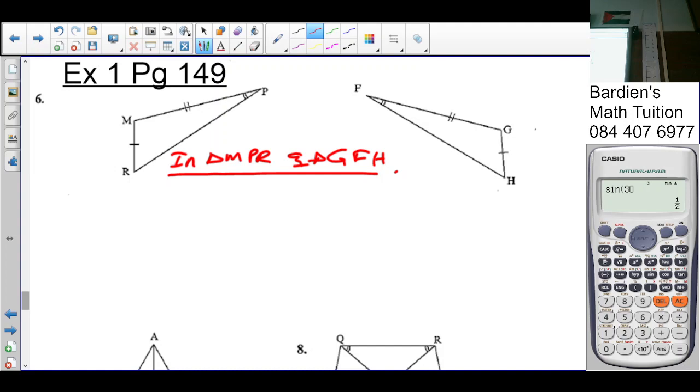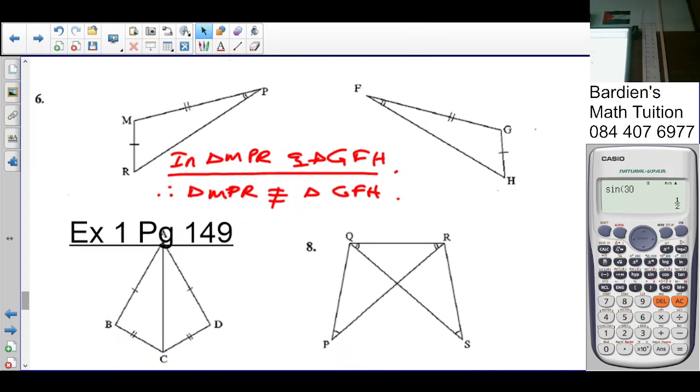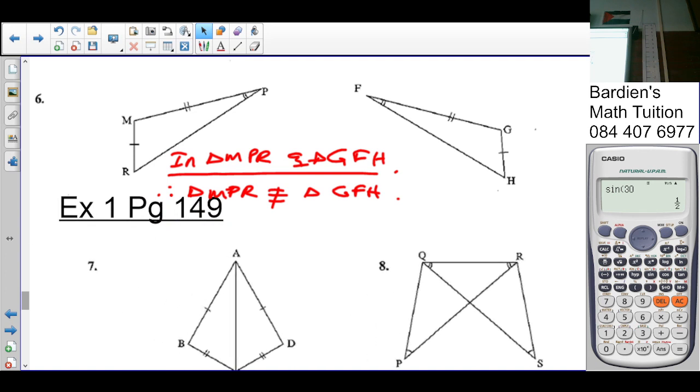No. So therefore triangle MPR is not congruent to triangle GFH. And your reason there is not enough information given. Okay. Or you can say we need to know the included angle. Okay. Does it make sense, people? Let's look at number 9. No, 7. 7's first.